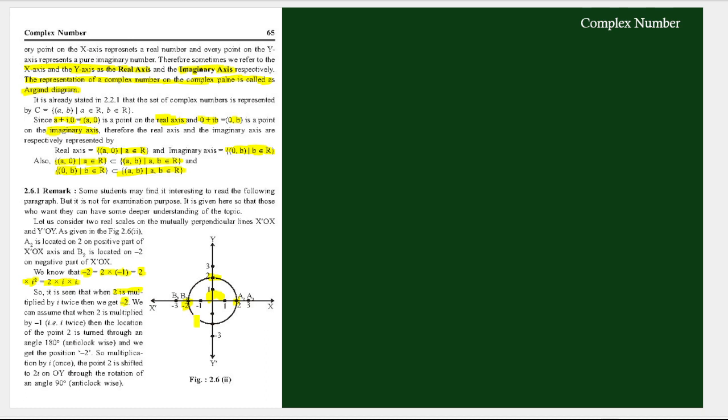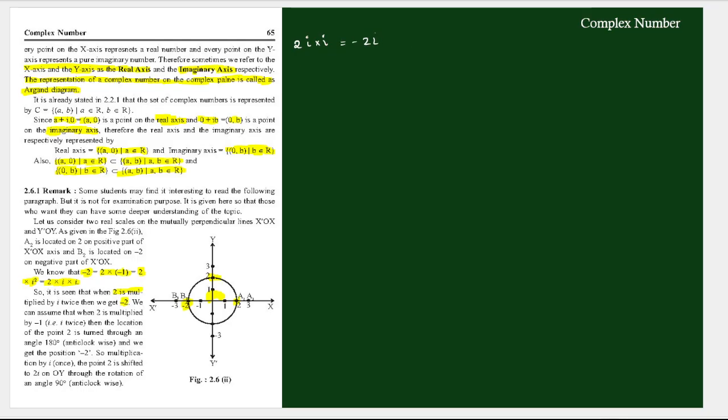Again, if you multiply with another i, we have already got -2, i square. We already got 2i into i, which is nothing but -2.